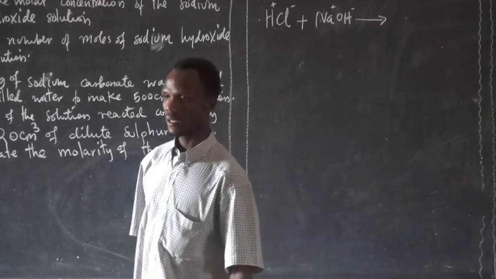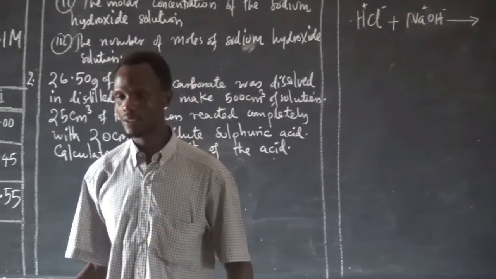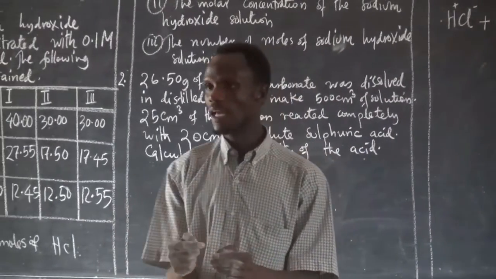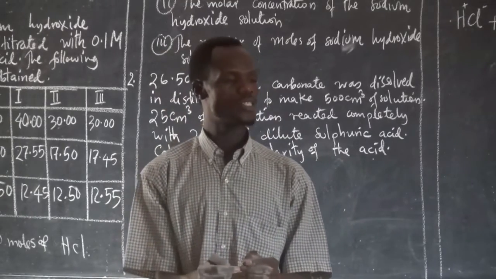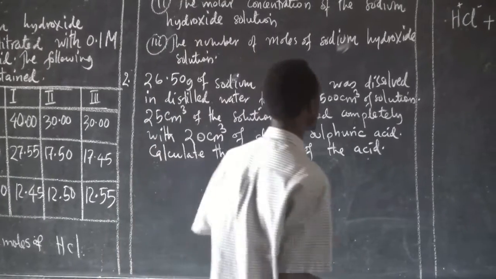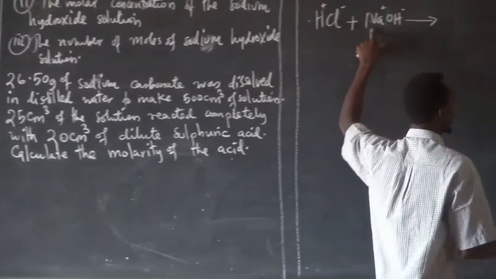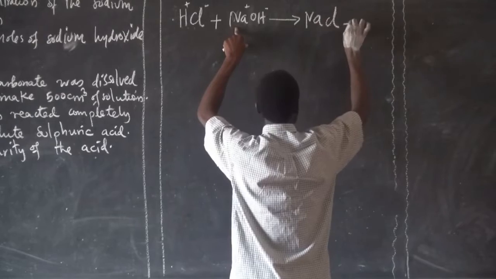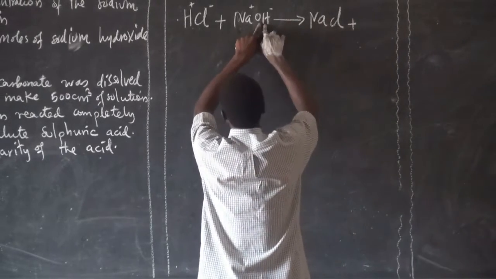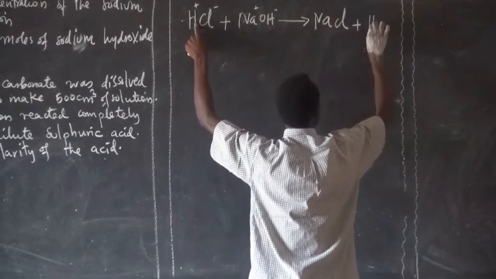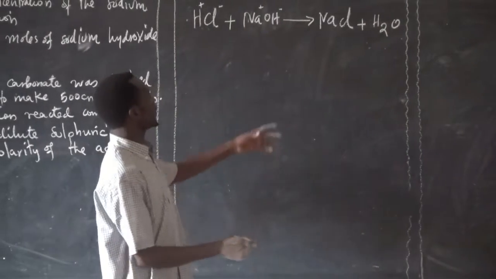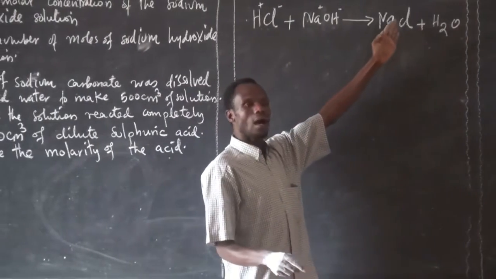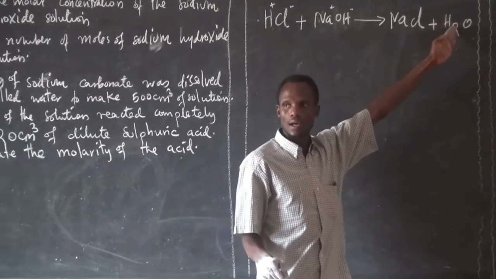Unlike charges attract each other, and like charges repel. That is a principle, it's a law. And that's why sodium and chlorine get together and form sodium chloride as the salt. Plus hydroxide plus hydrogen, now we get water. Now the products are salt and water.